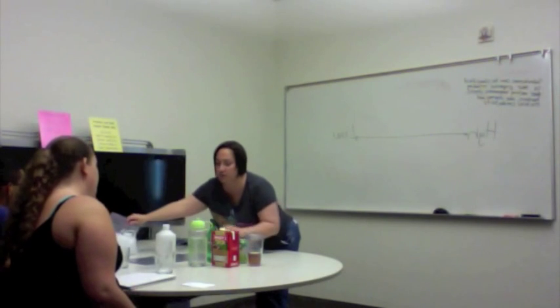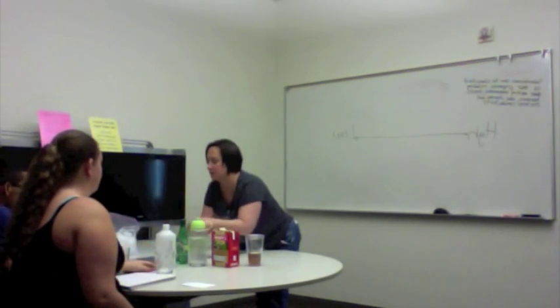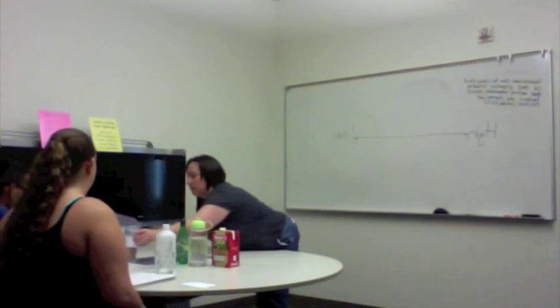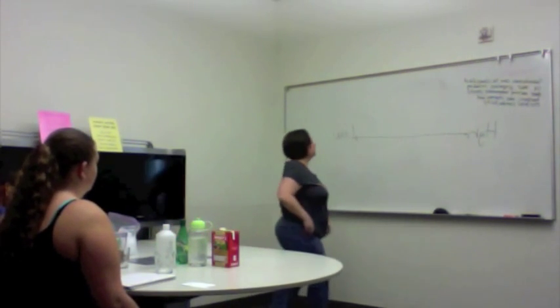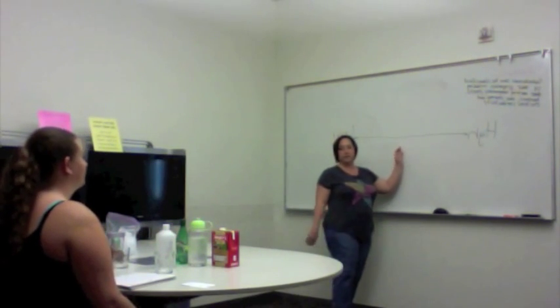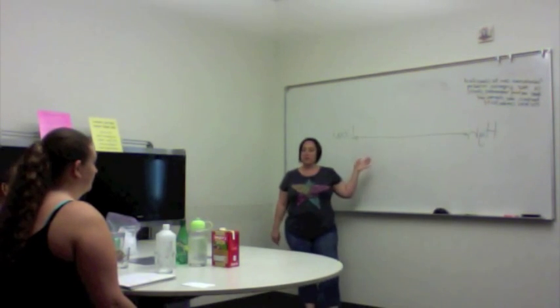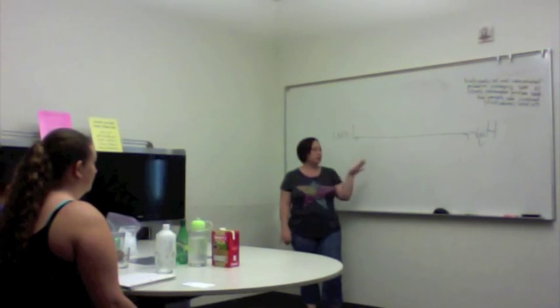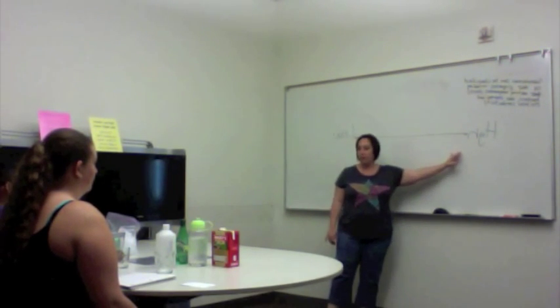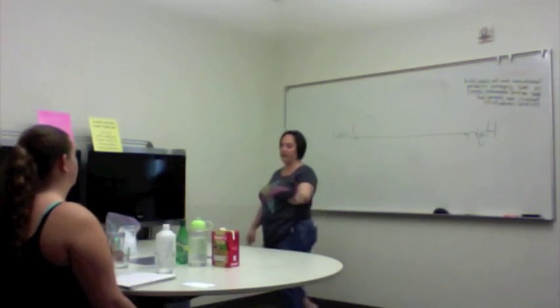I just want you to play around and see what happens with these. Then we are going to make a gradient from highest to lowest density of the liquids, and we're going to see what happens with the ice. Then you guys are going to tell me where on this gradient you want me to put the liquids. Okay, so let's just play around and see what happens.